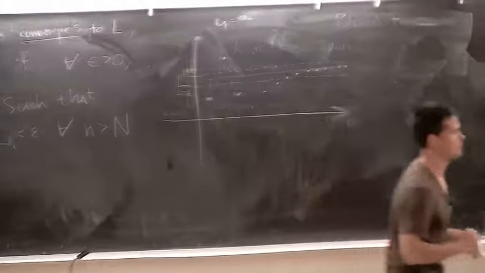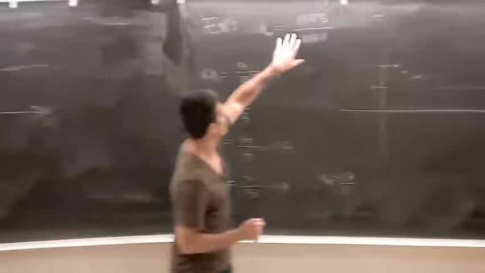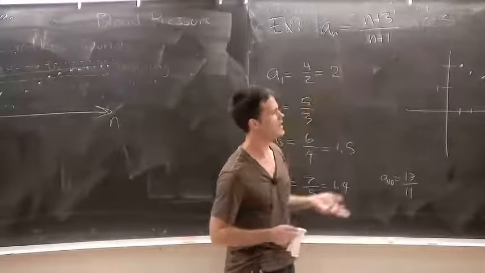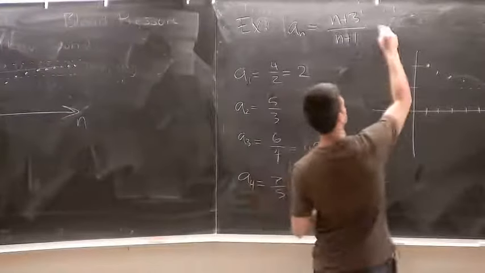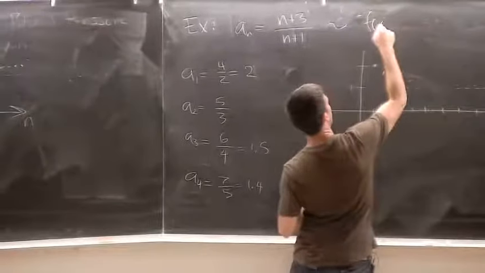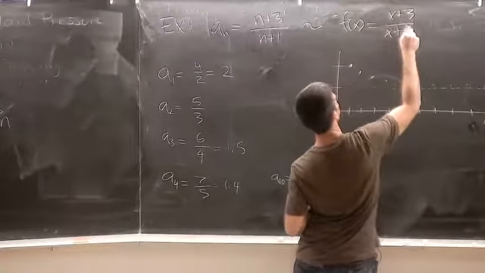You might want to, in terms of this last example, looking at this formula for a_n, it might remind you of the function. Think of the function f of x equals (x plus 3) over (x plus 1).